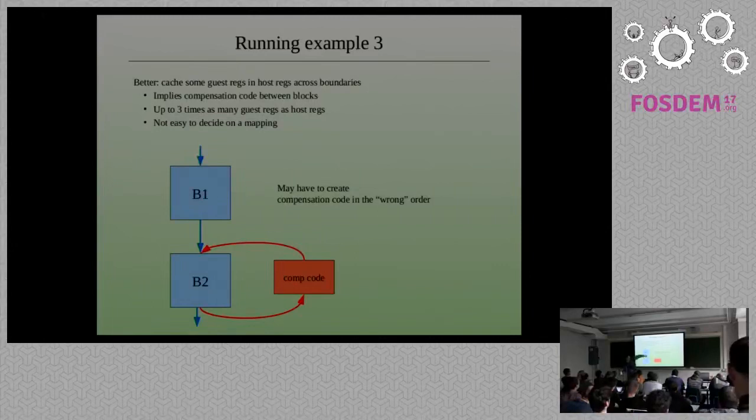So what we actually want is to have the compensation code here, because that's done once, and the compensation code on the back edge to be non-existent. I think this is probably a problem that's solved in the literature, but I haven't looked into it in that much detail. I am assuming it's fixable.